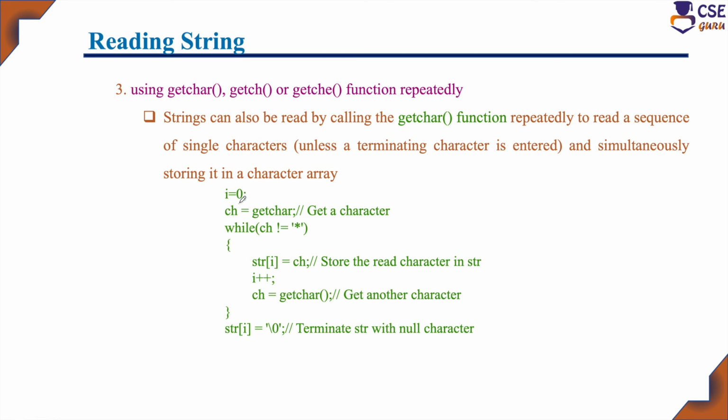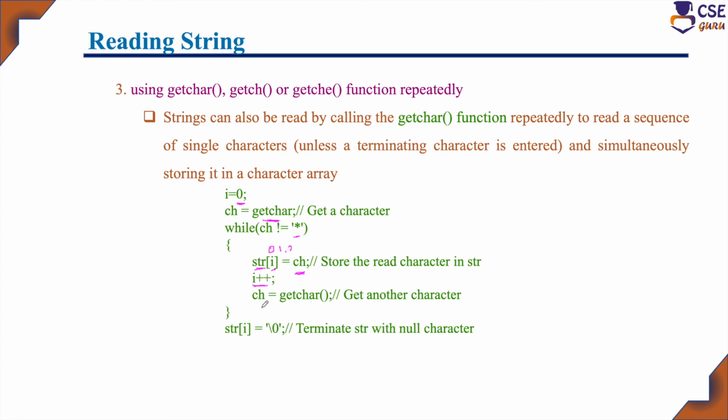Example: here the i value you have to initialize to 0, ch = getchar(), and while ch is not equal to *, if you enter star, it will terminate. While ch not equal to star, str[i] = ch. So store the read character in str[i]. Initially the i value will start with 0, then 1, 2, and likewise it will store the characters in sequential memory locations.